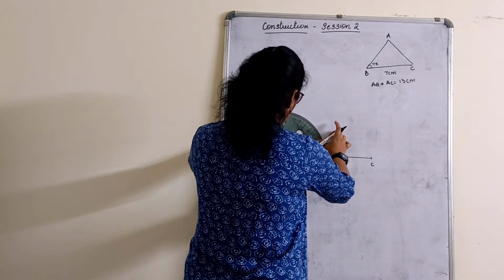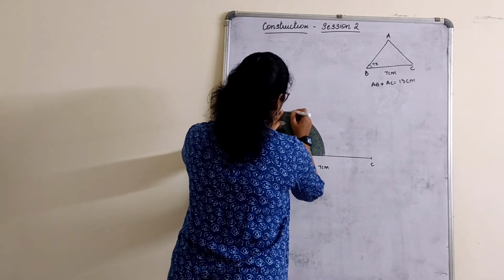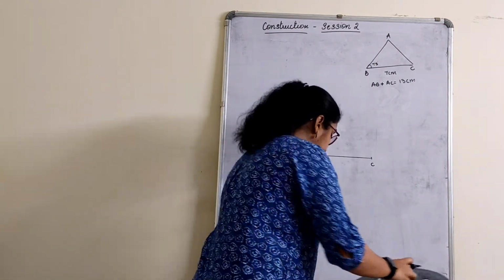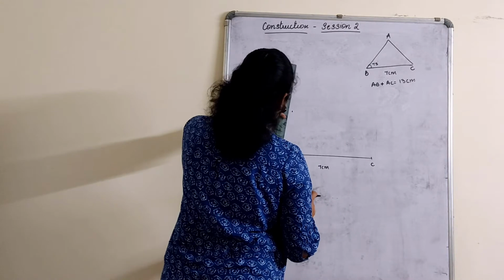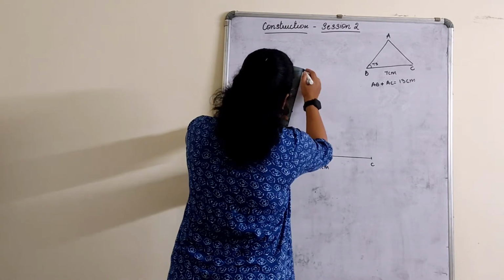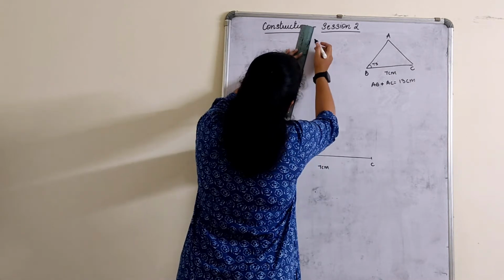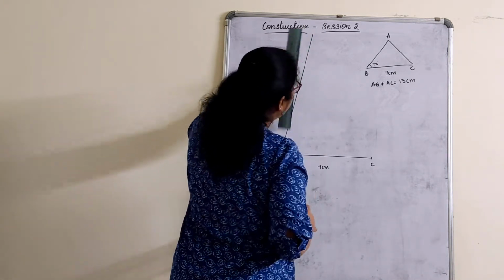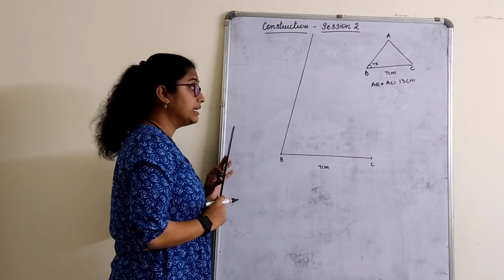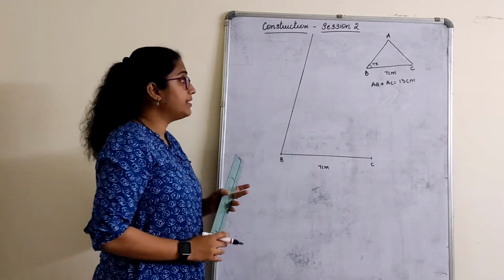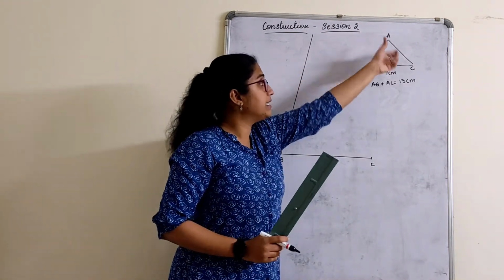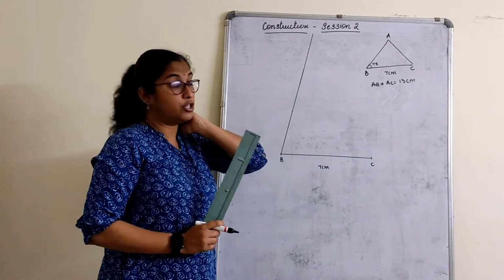So by keeping your protractor here, I will mark this for 75 degree. So the 75 degree comes here. Just extend this line. Till where? We don't know till where. Right? Now, this is what they have given, but the AB measurement and AC measurement is not mentioned.